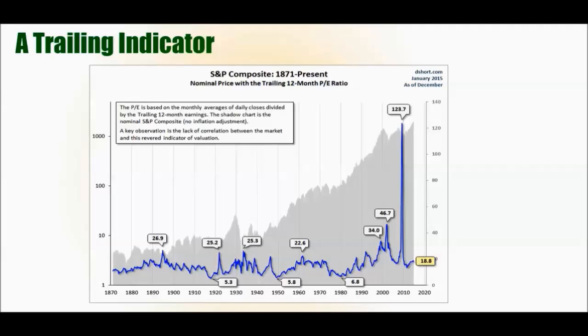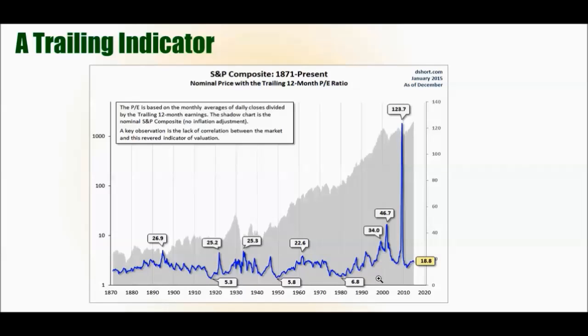Now here's a chart looking from 1871 comparing the S&P 500, which is the gray area chart, with the blue line, which is the trailing 12-month PE ratio. And what this chart really illustrates is that there is no correlation. The S&P has gone mostly up.